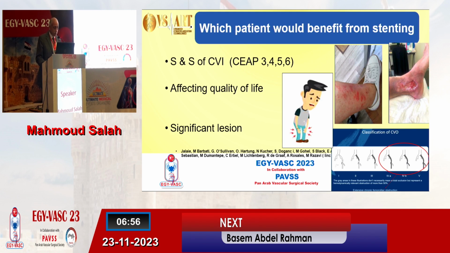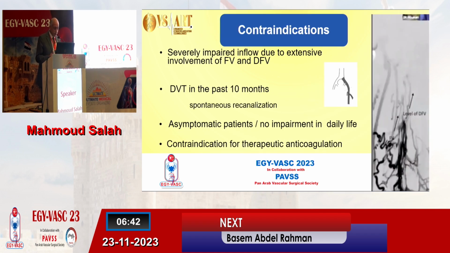Which patient would benefit from stenting? The patient who is suffering from signs and symptoms, CEAP 3, 4, 5, 6, those affecting quality of life, with a significant lesion. The contraindications are severely impaired inflow, or DVT in the past 10 months where spontaneous recanalization is still expected.